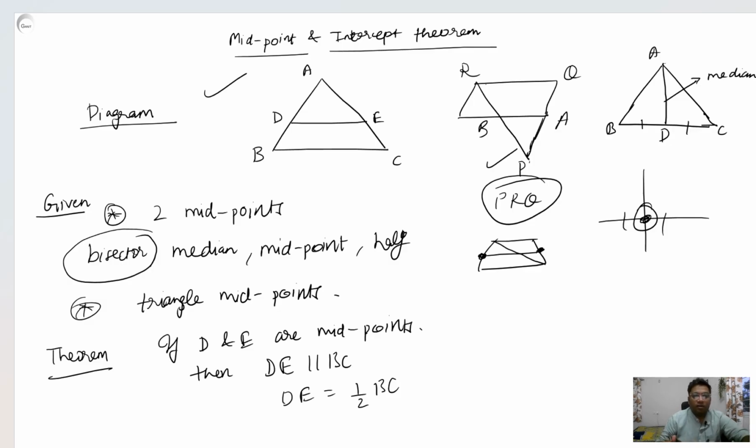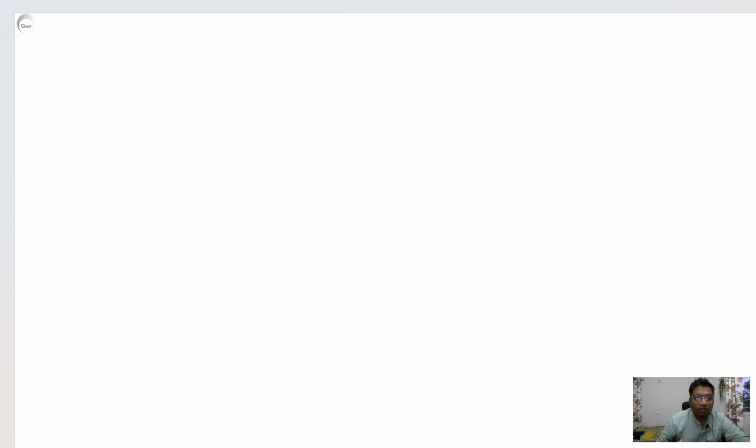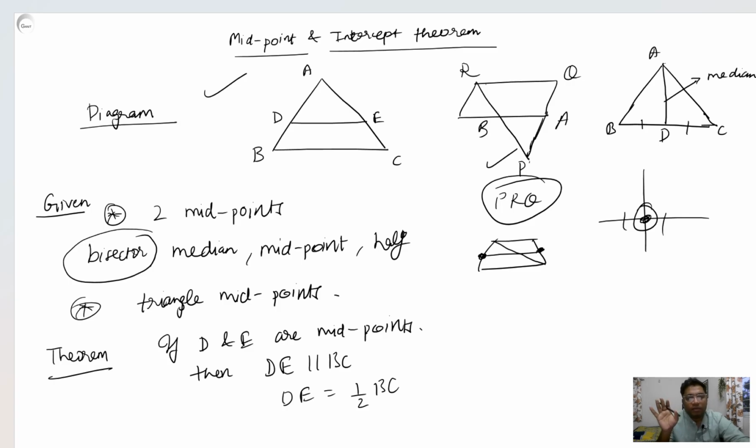All right. Now we are going to talk about the not given part. In midpoint theorem, a lot of times you see half of the information and you jump the gun. You try and think that, okay, now I can use midpoint theorem. I have told you what should be given for it to work.